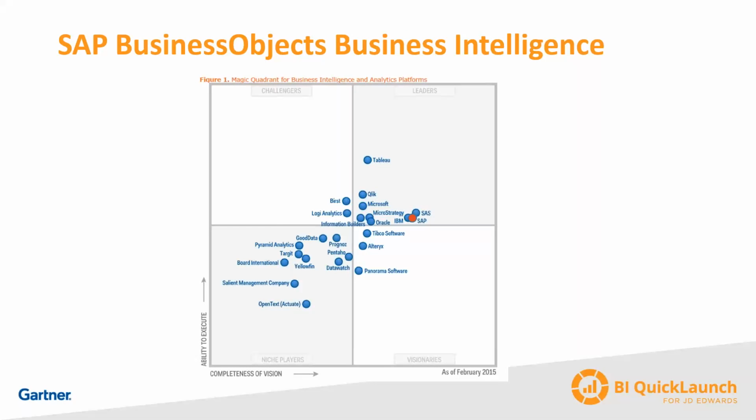SAP Business Objects, Business Intelligence. Again, this is the magic quadrant from February of this year, analyzing pretty much 2014 BI. What we suggest is, if you're going to be looking at tools, focus your efforts up here in the leaders quadrant. That's where you're going to find the solutions that are most equipped to meet all the needs that you have today as well as those you might have in the future.